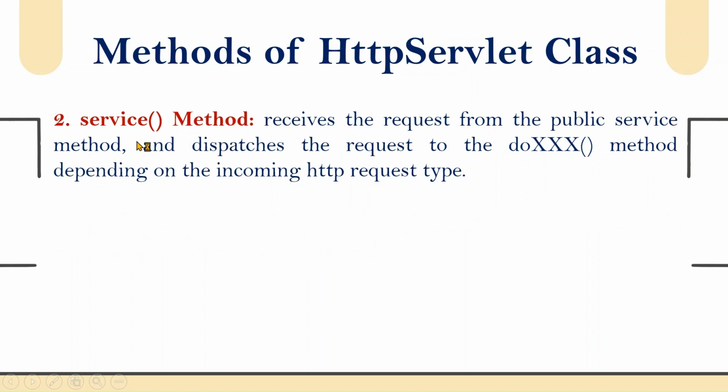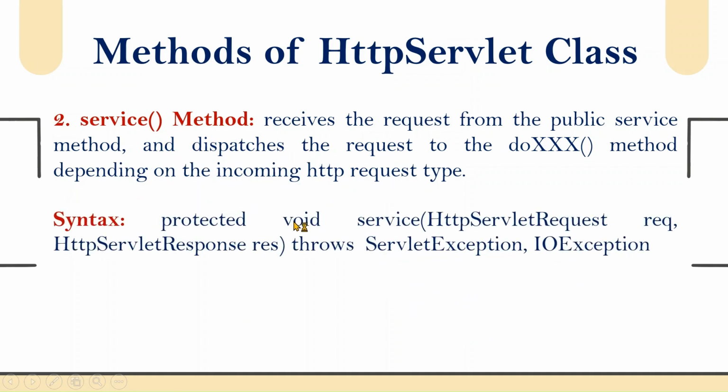Coming to the second one, this is one more service method, which is protected. It receives the request from the public service method and dispatches the request to one of the doX methods. So X could be doGet, doPost, doPut, doHead, doTrace, depending on the incoming HTTP request type.